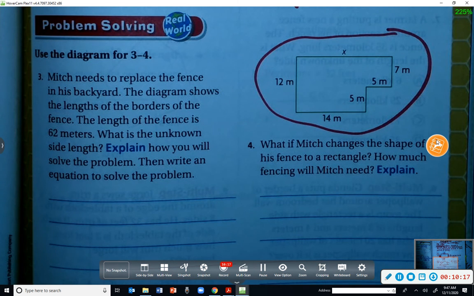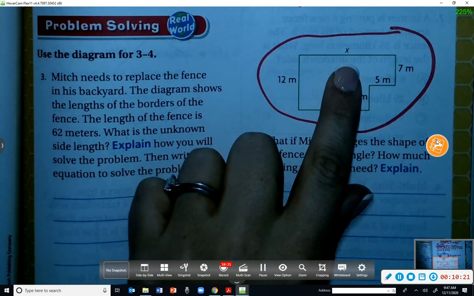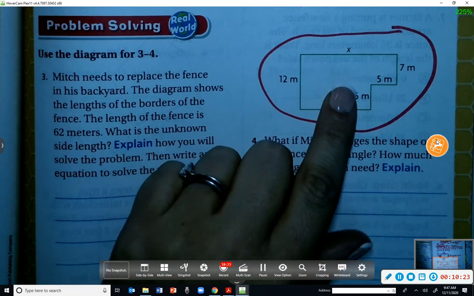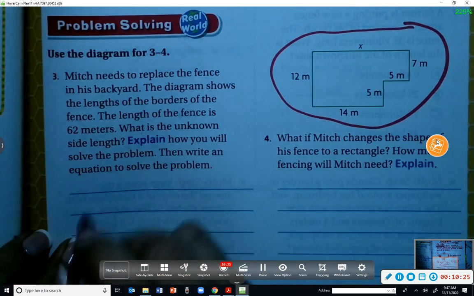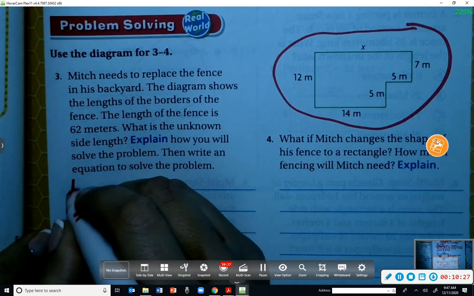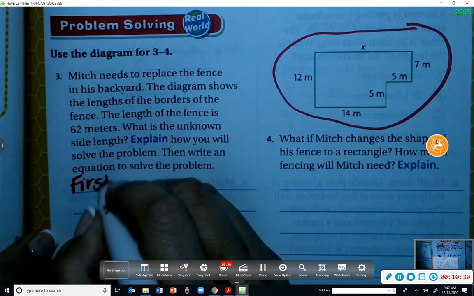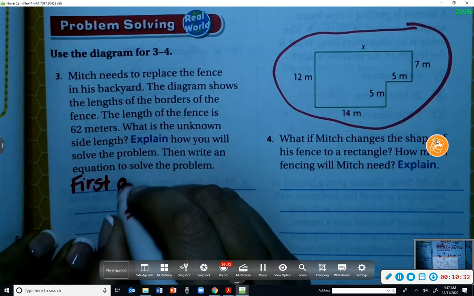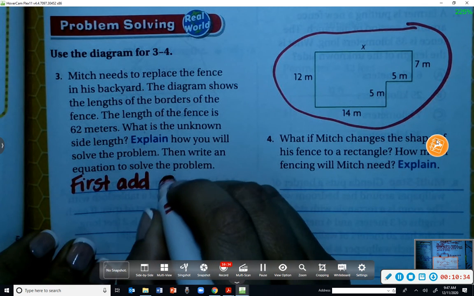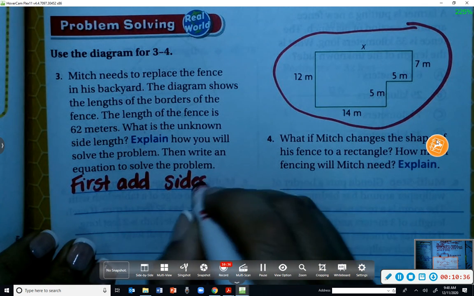These were the notes that we took in our notebook, right? If there's a missing side, what do we do first? Kaylee? Good. First, add sides we know.